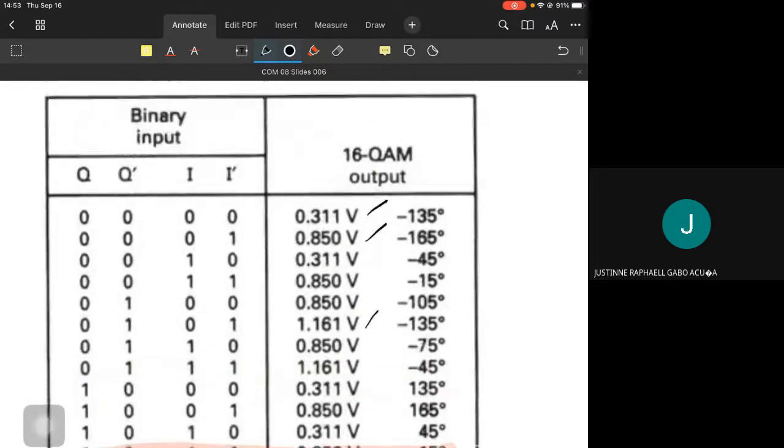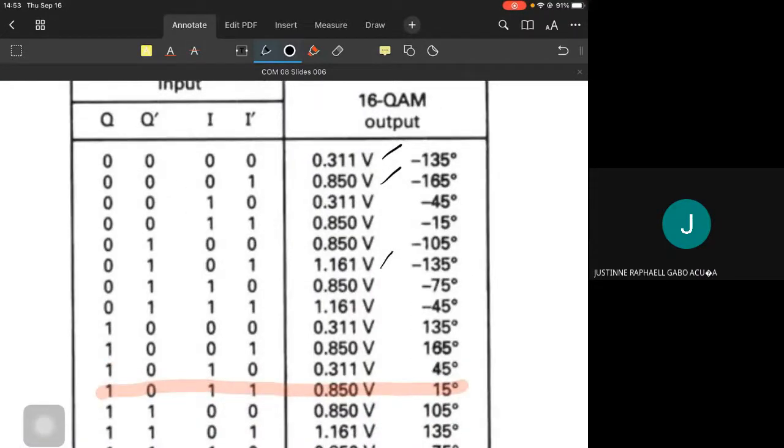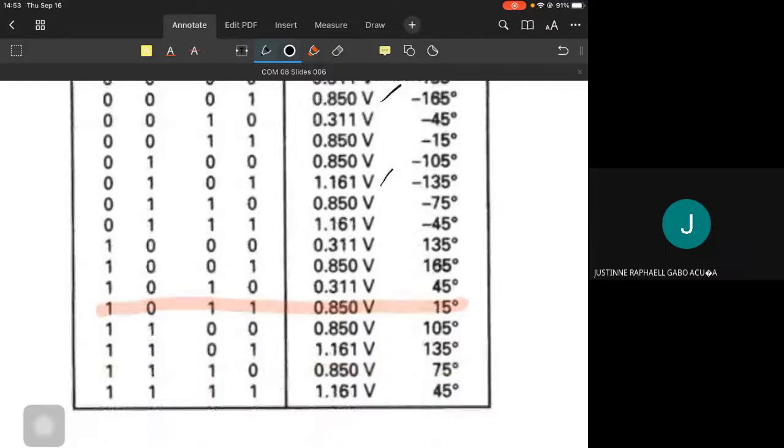Here, lagi kay tuwing 16 man kabuok. One, 2, 3, 4. Kanang mga positive na lang. Positive 15, positive 45, positive 75, 105, 135. 1, 2, 3, 4, 5.